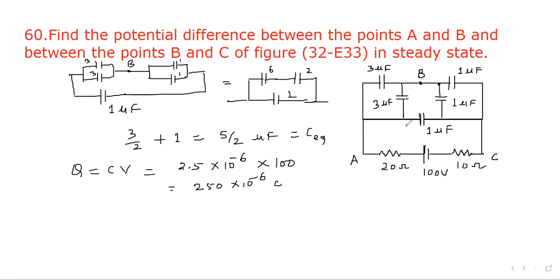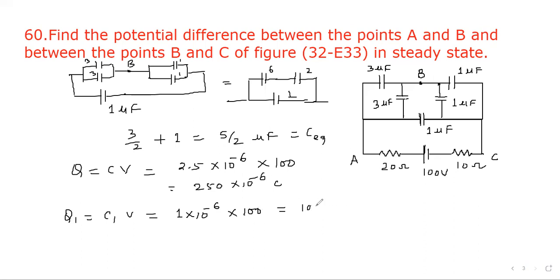Now we have to find out the charge stored on the 1 microfarad capacitor. Suppose Q equal to C1 and then V. So C1 is 1 microfarad, so 1 into 10 to the power minus 6 into the voltage for this capacitor, which is 100.